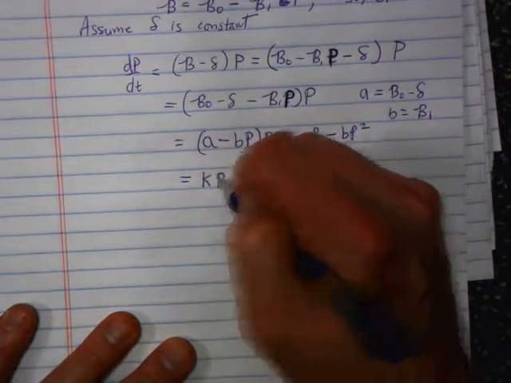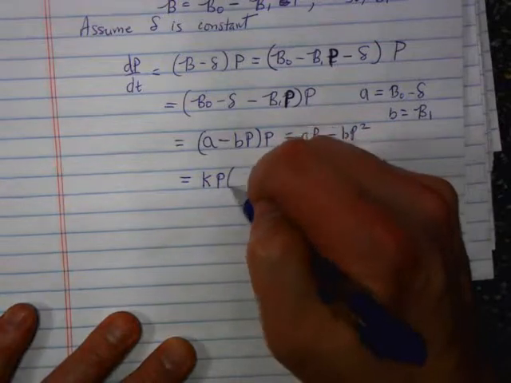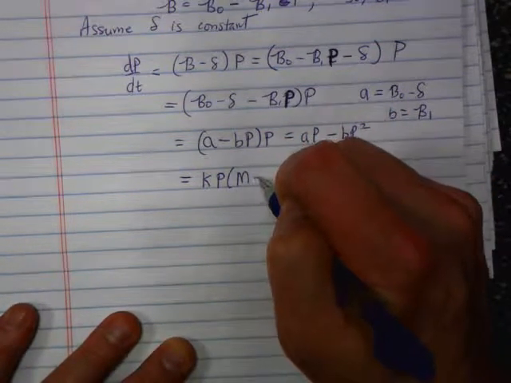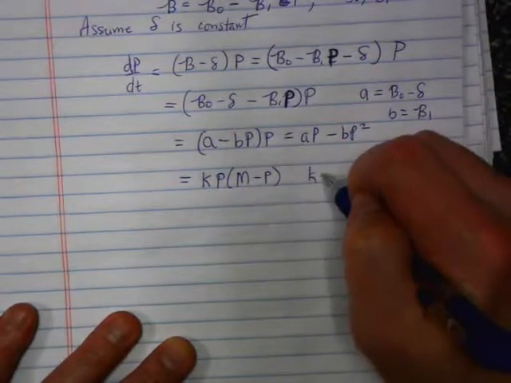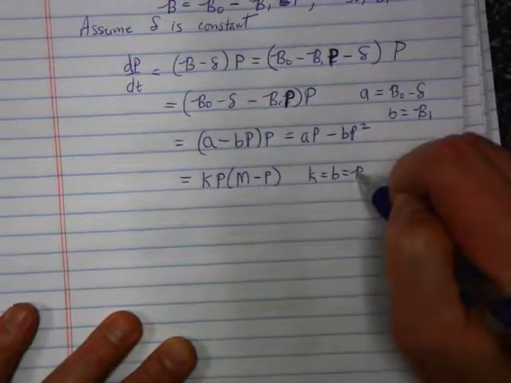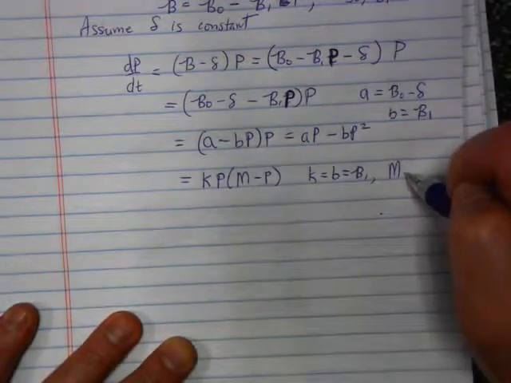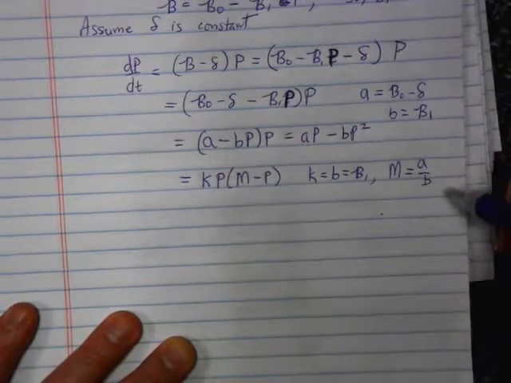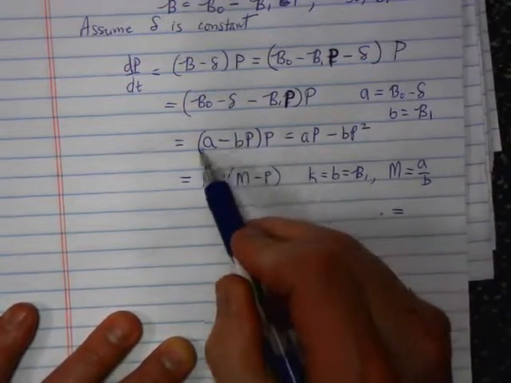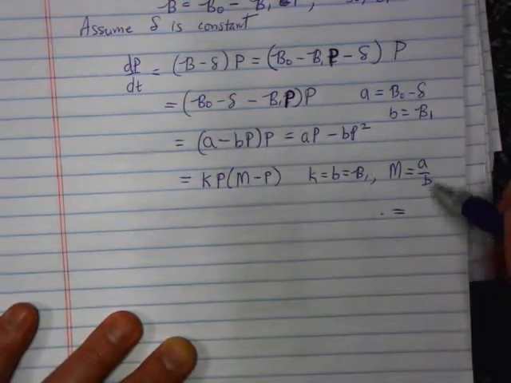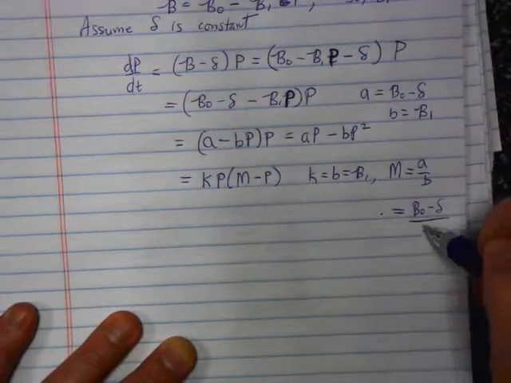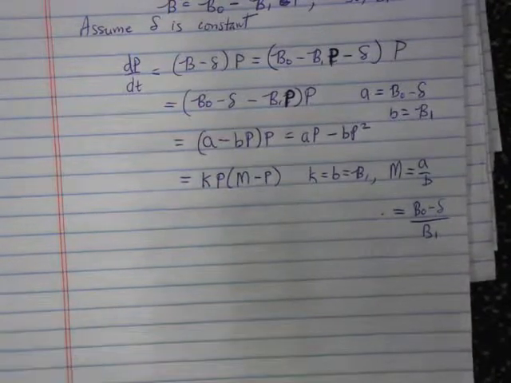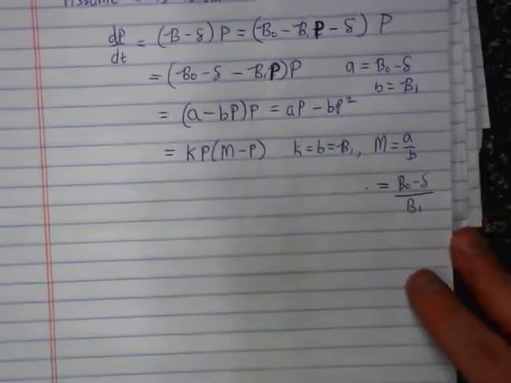This is K times P times M minus P, where K is B, which was beta 1, and M is A over B. So basically we took this and we divided everything by B, we factored a B out, and that would be beta 0 minus delta over beta 1. Alright, so ugly, complicated, it's about to get better.